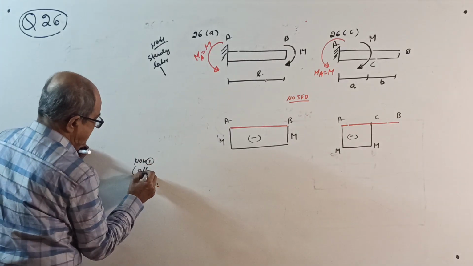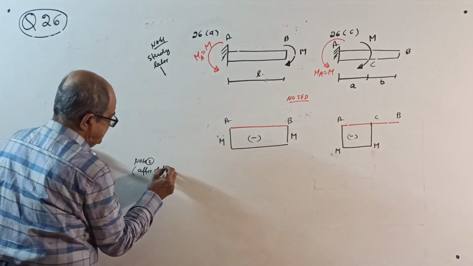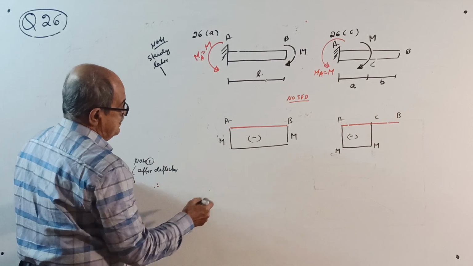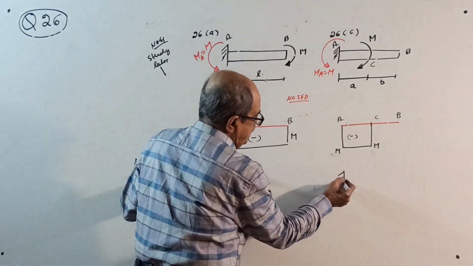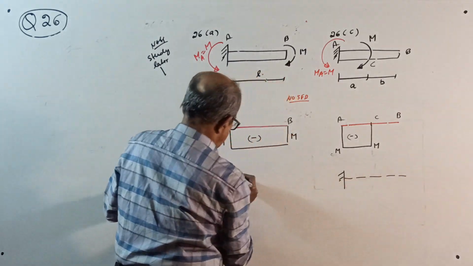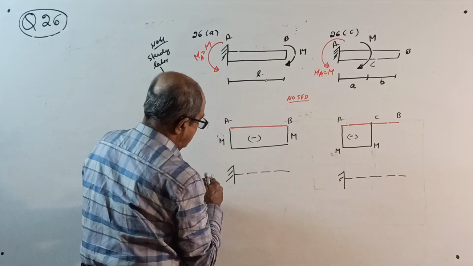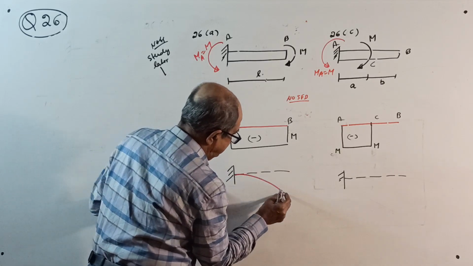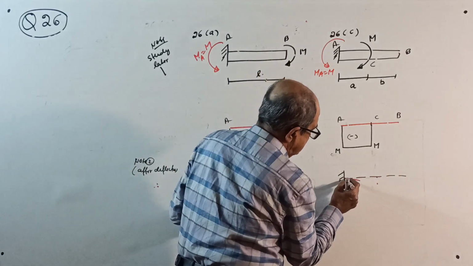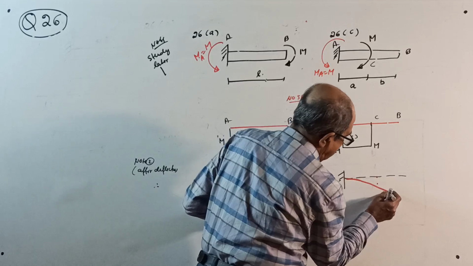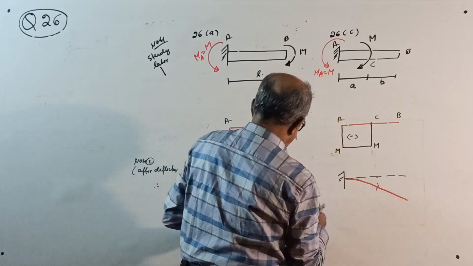Note 2: study after deflection. Now, if you draw the elastic curve here, the beam will bend like this, and then like this. This will be a straight portion.